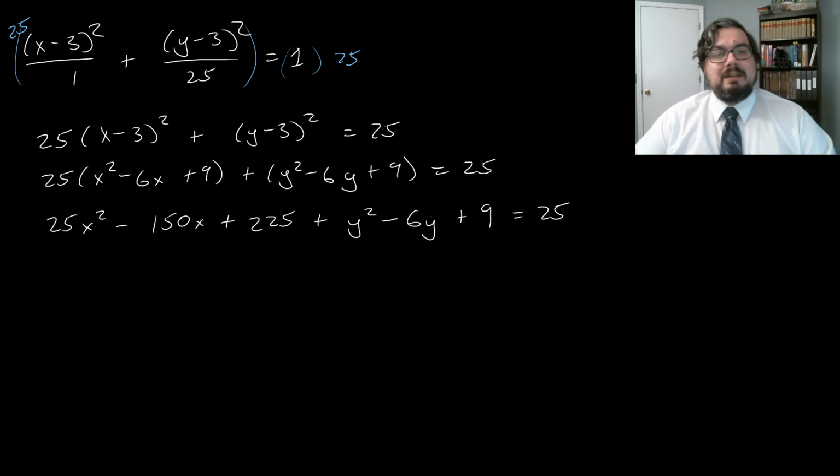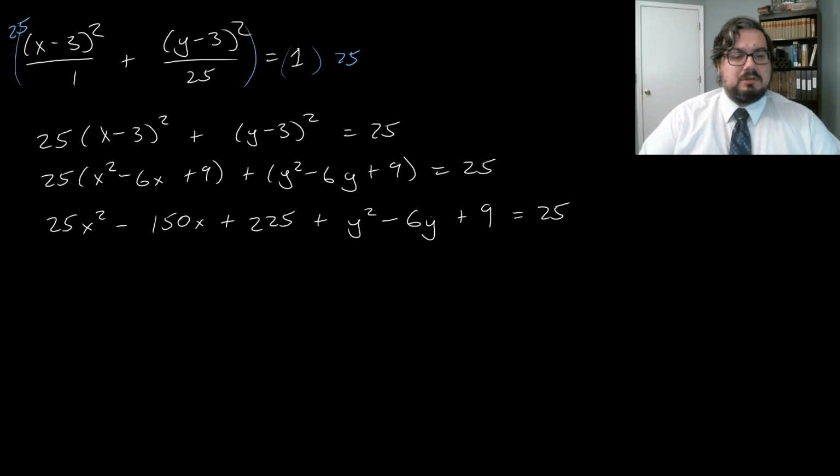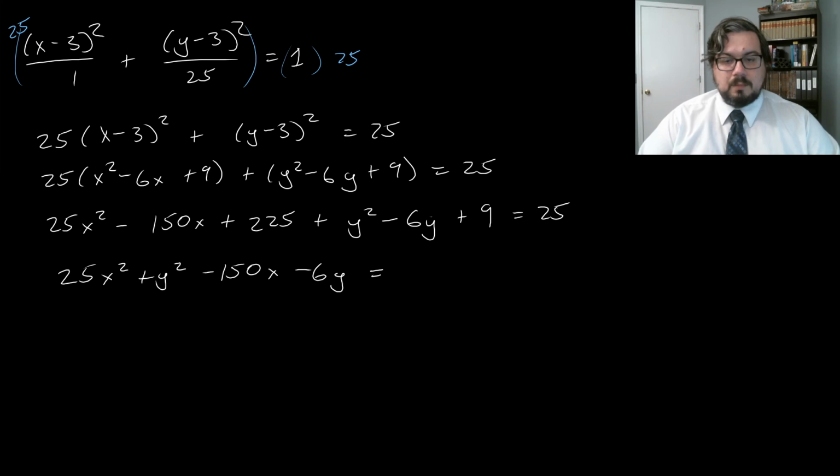And now if we arrange it in the most common way, which is to have all of the variables on the left in descending order and then all the constants on the right, we might rearrange this to look like 25x squared plus y squared minus 150x minus 6y equals negative 209.